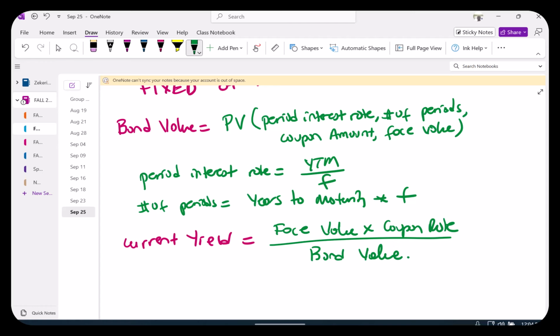We're going to cover that more in chapter 7, but dividend yield is the dollar amount of dividends you expect to receive over the next year divided by the current price of the stock. For a bond, the dividends are the coupons, right? Well, the amount of coupon that I'm expected to receive over the next year is face value times coupon rate. If I divide that by the bond value, that's the price of the bond. That's essentially dividend yield for a bond. We just give it a special name. We call it current yield.